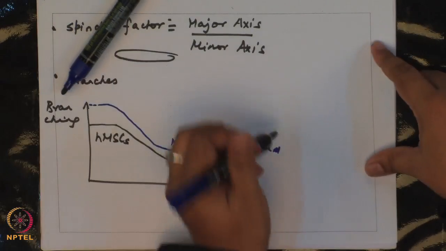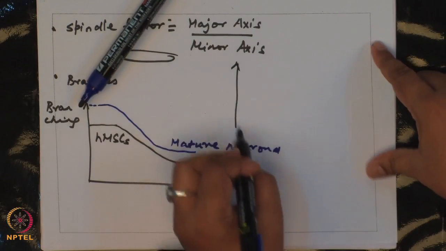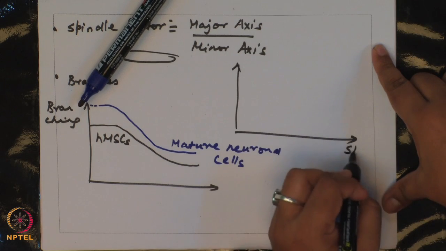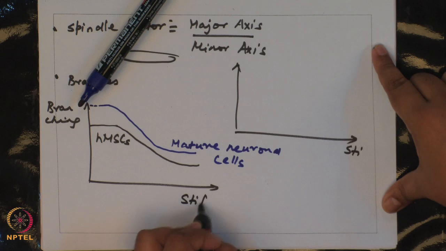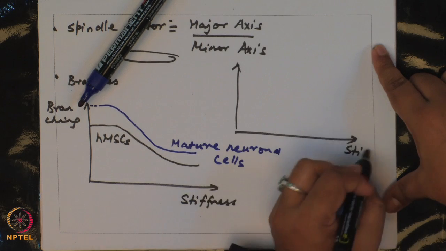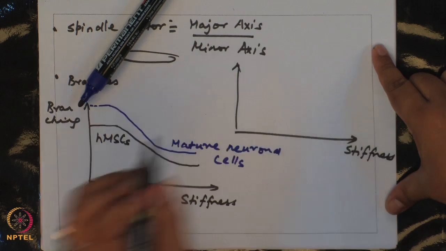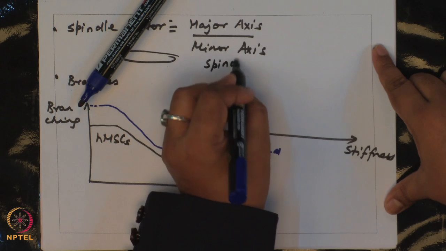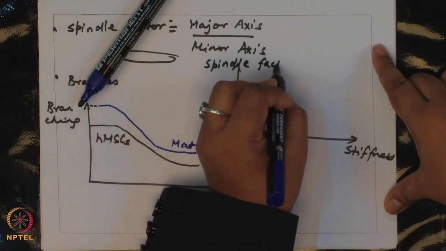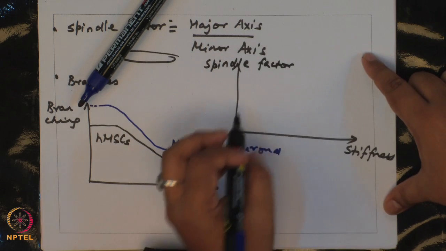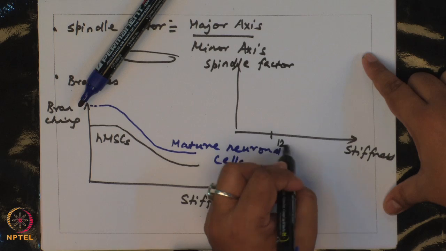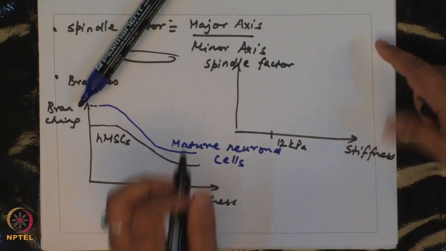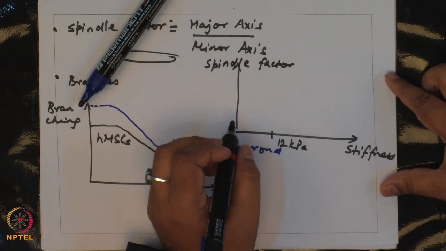Not only that, if you plotted the spindle factor, this is your stiffness axis and this is your spindle factor. This is your 12 kPa, which roughly correlates with the stiffness of muscle tissue.